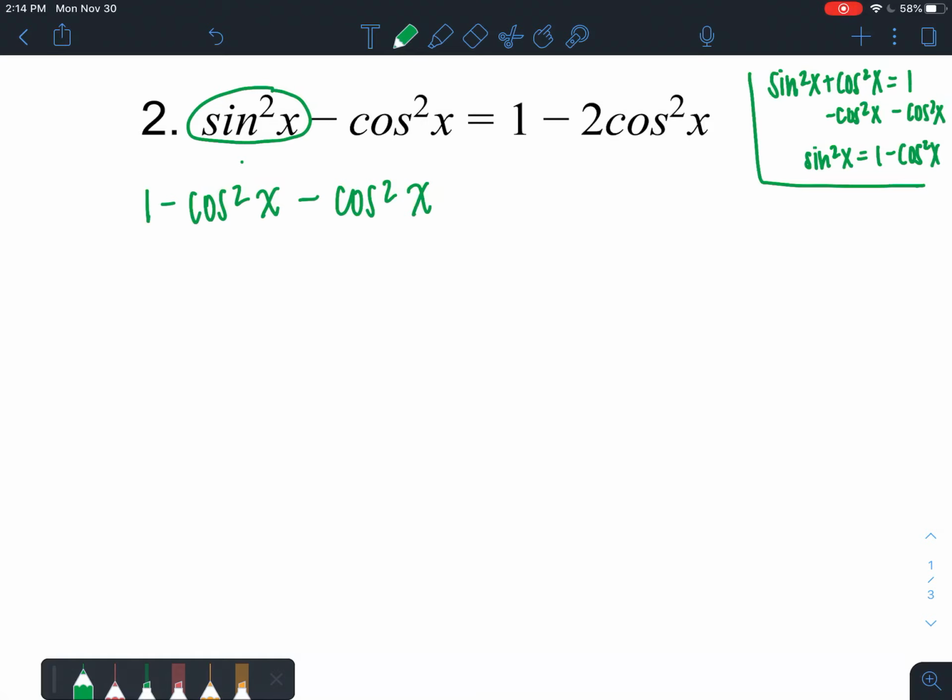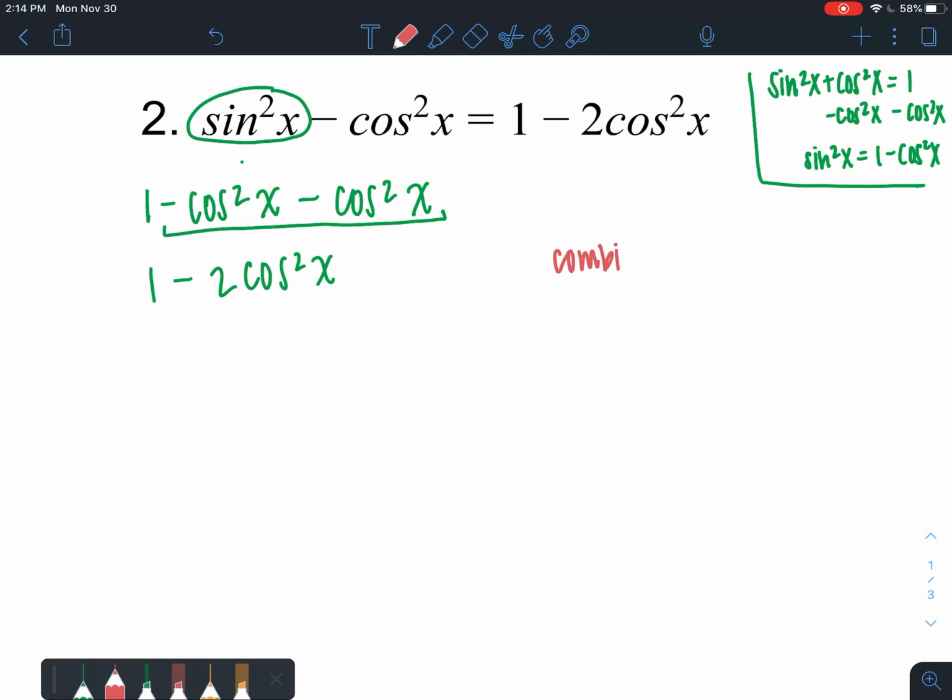Okay, so then we have minus cosine squared x minus cosine squared x. That gives me minus 2 cosine squared x. That's like if I had 1 minus x minus x, I'd get 1 minus 2x. I'm just combining like terms, so I'm even going to write that down.